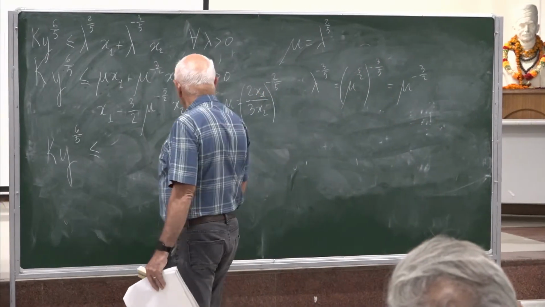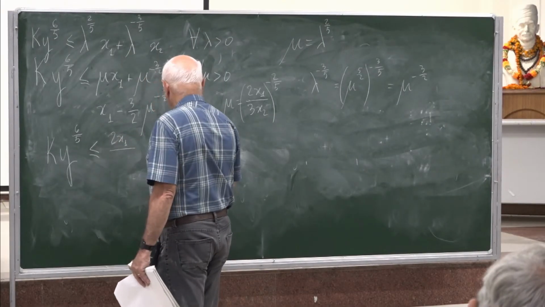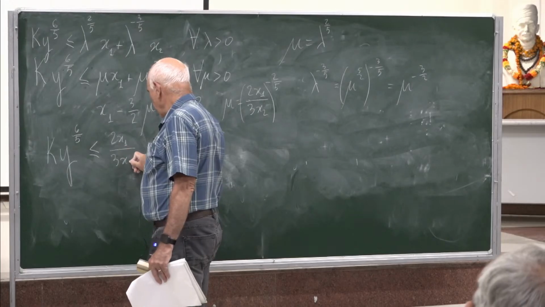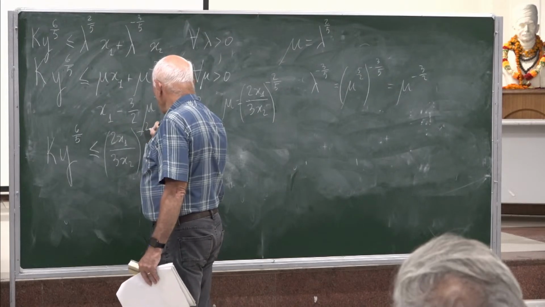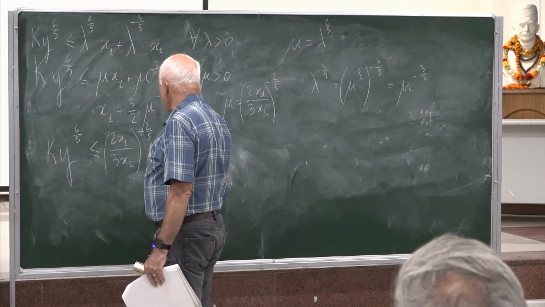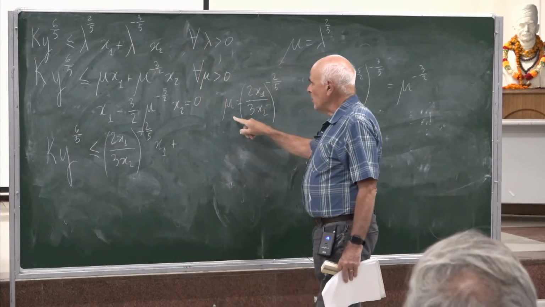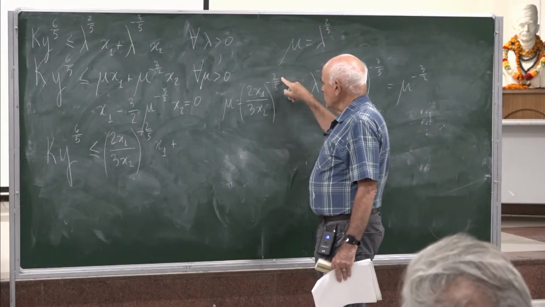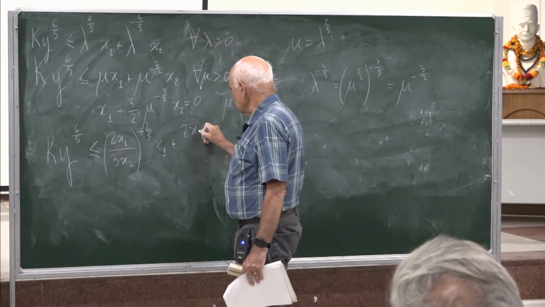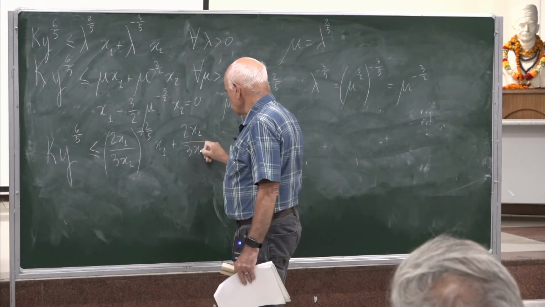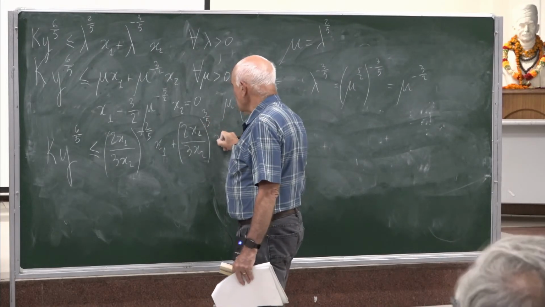So this means 2x1 divided by 3x2, to the power minus 2 over 5, times x1, plus this mu to the power minus 3 halves, which gives 3 over 5 as the exponent, times x2.